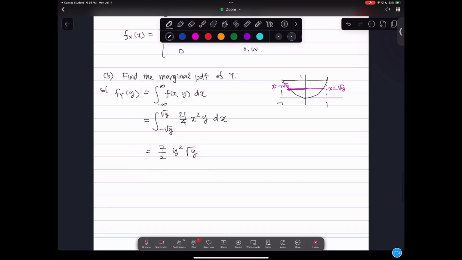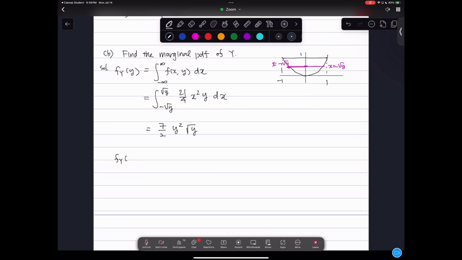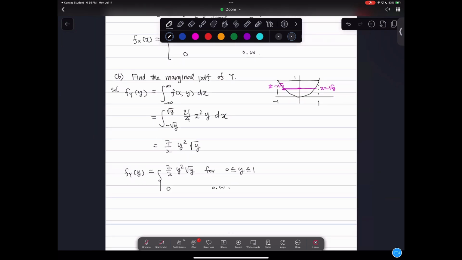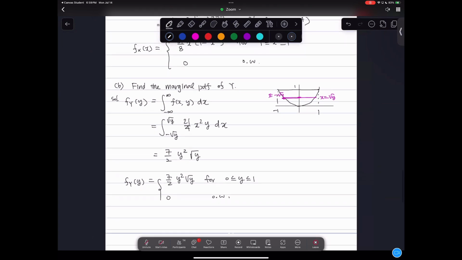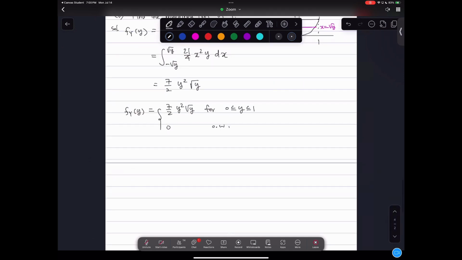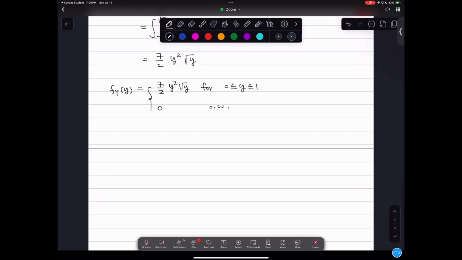So therefore, I have to write my marginal properly: 7 over 2 y squared square root of y for y values from 0 to 1 and 0 otherwise. All right, so that's your joint to marginal, both discrete and continuous case. I'm done with this. So let's then move on to independent random variables.